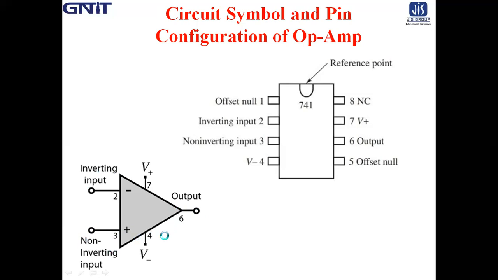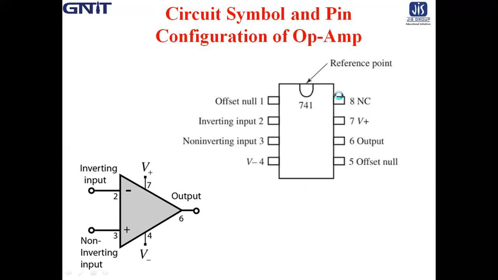The output voltage from pin number 6 is proportional to the difference of the two input signal voltages applied at the inverting and non-inverting input terminals. This is the pin configuration of an IC741.